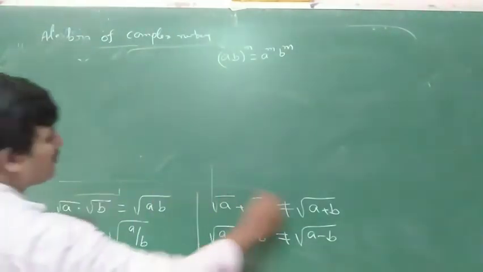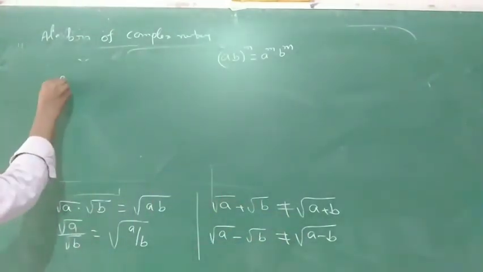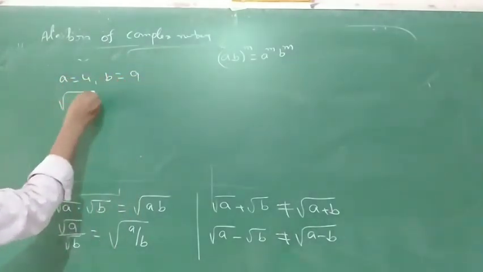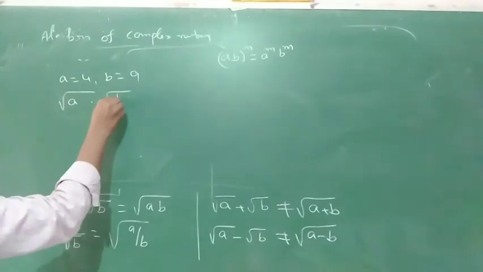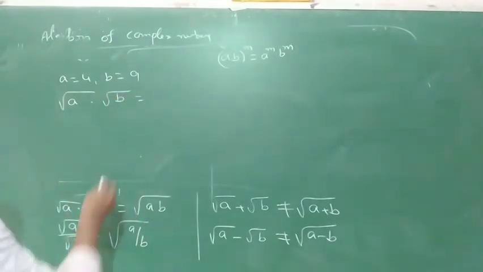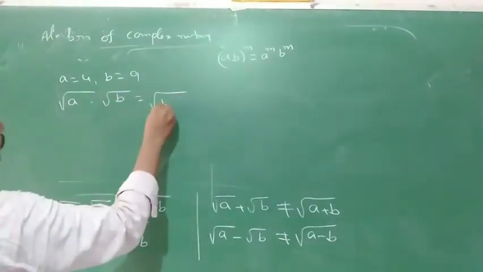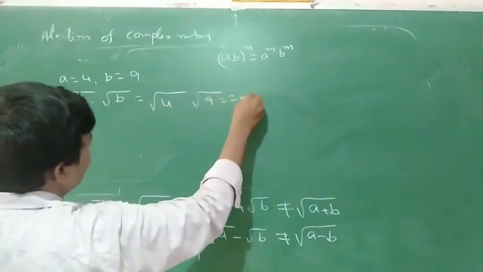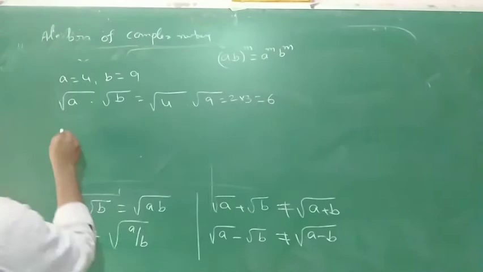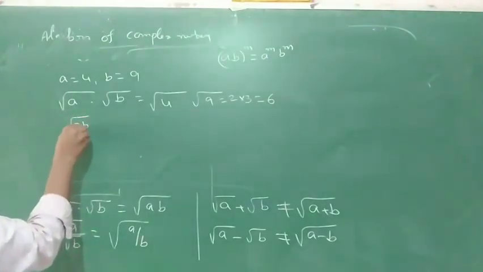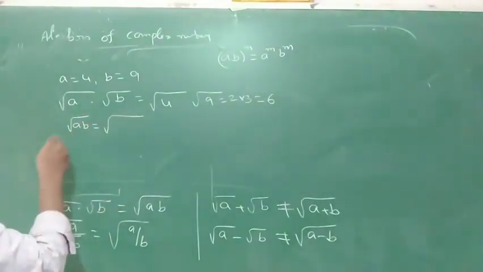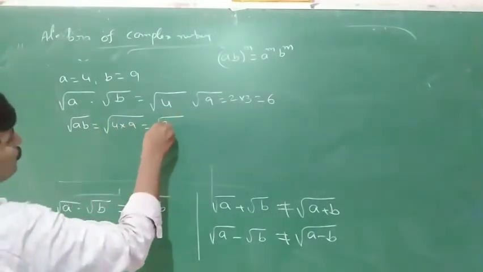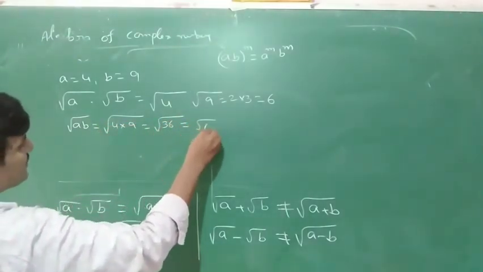Easy to remember. For example, a is equal to 4, b is equal to 9. Root a into root b is equal to root 4 into root 9, is equal to 2 into 3, is equal to 6. So root of a into b is equal to root of 4 into 9, that is equal to root 36, is equal to 6.